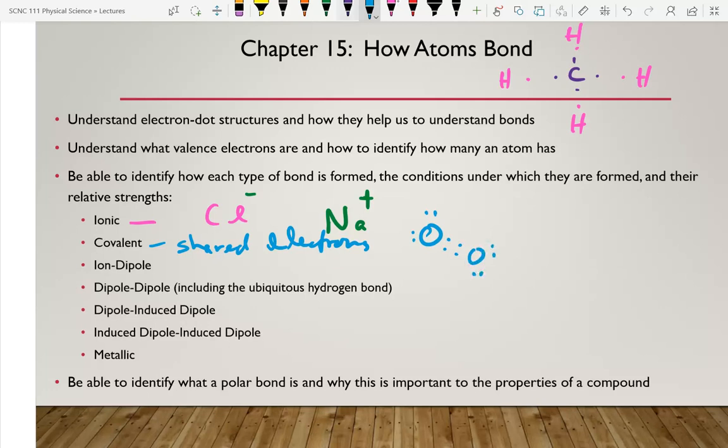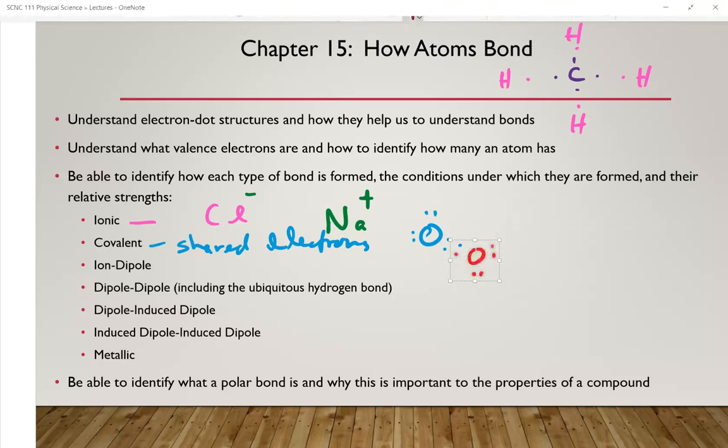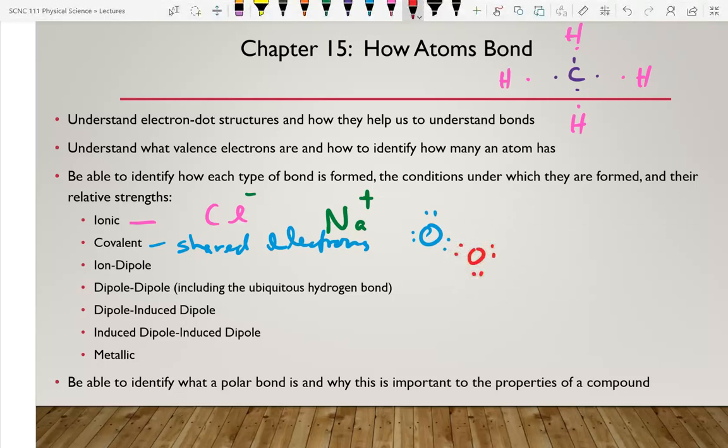It's sharing. Okay, I should have used different colors, then it'd be more clear. It's sharing those electrons between it so that you have a double bond between the oxygens. But those are covalent bonds. They're sharing those electrons.